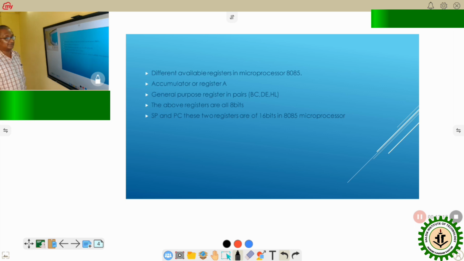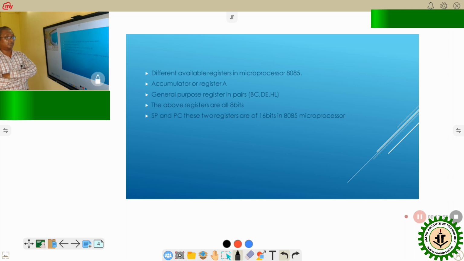What does this mean? In a town, there may be many homes. If in a particular home there are different materials, those materials are data. But if I want to address a particular home, that is the address of that home. Similarly, in the 8085 microprocessor, one register can contain 8 bits of information or data.